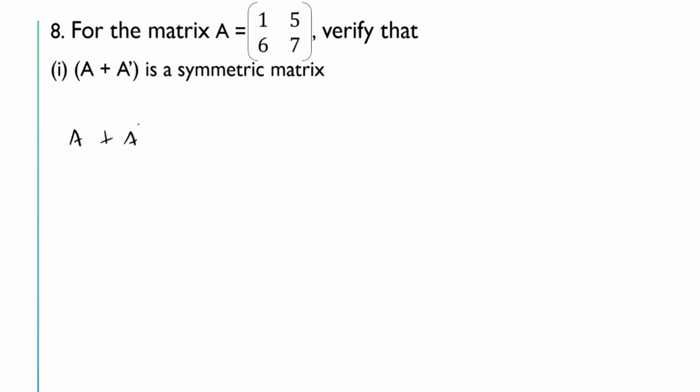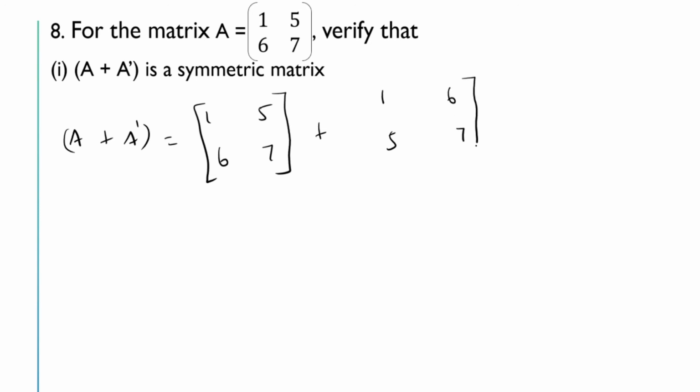A plus A transpose is equal to, A is the given matrix 1, 5, 6, 7, plus we will find the transpose of A. So this is the matrix A transpose. So adding these two, we get 2, 11, 11, 14.